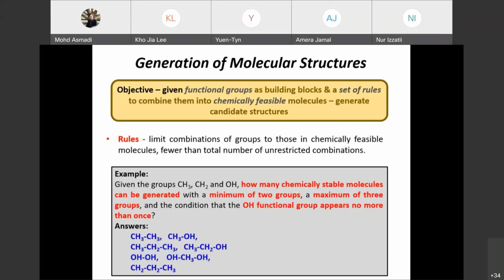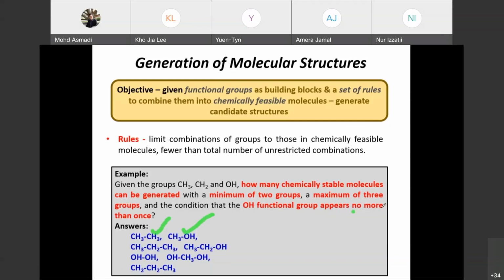So if you look here, which one is stable, which one is feasible? This one has a minimum of 2 groups, and OH appears no more than once.